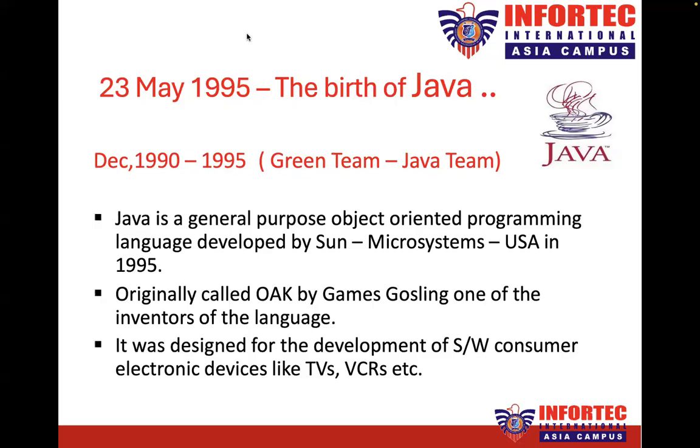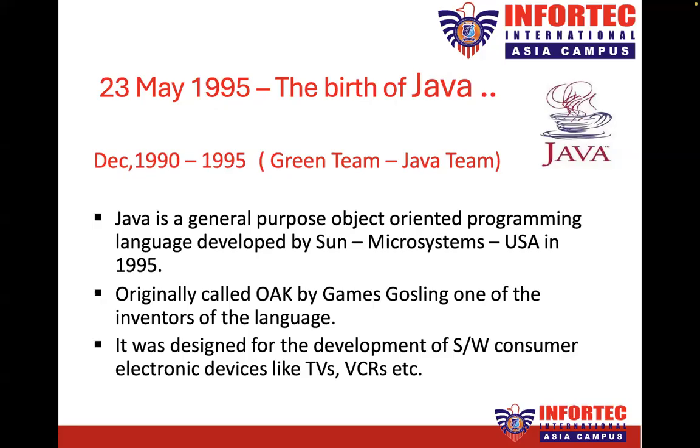Originally there was no word called Java. To introduce this Java, they used the word Oak, O-A-K, at the beginning, right? And who is the person who dedicatedly worked to introduce this programming language? It is James Gosling. James Gosling is the person who introduced Oak, or the Java programming language, to the world.